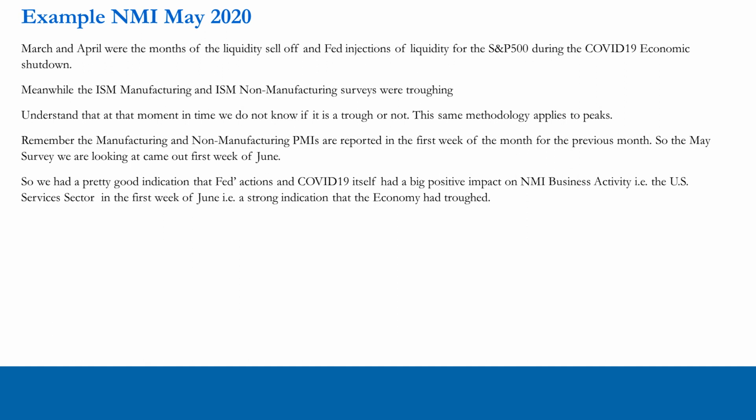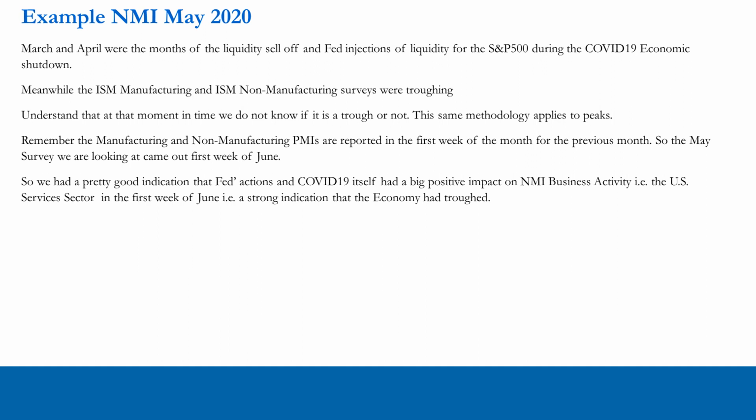Other services weren't doing so well, but there was a big boom in, for example, stay-at-home services, and that had a big impact. So when we think of the context of what was occurring at the time, we had a very good indication of the dynamics that were playing out, and then we see the rebound in the services sector in the first week of June.